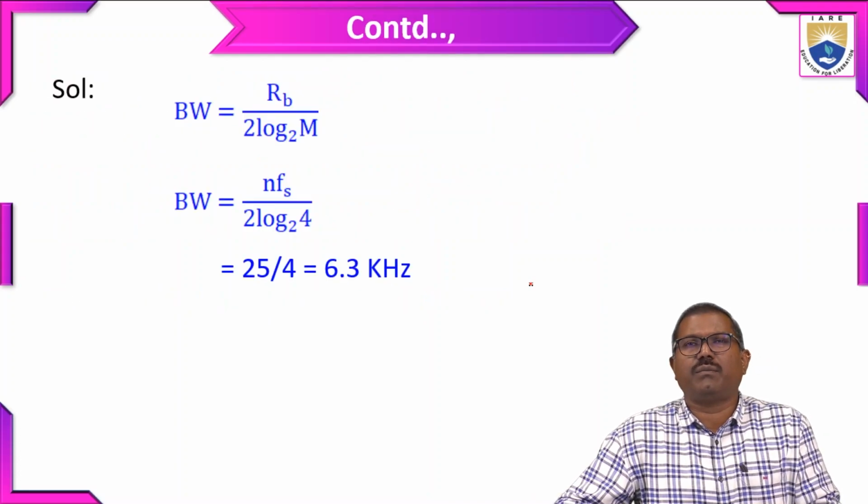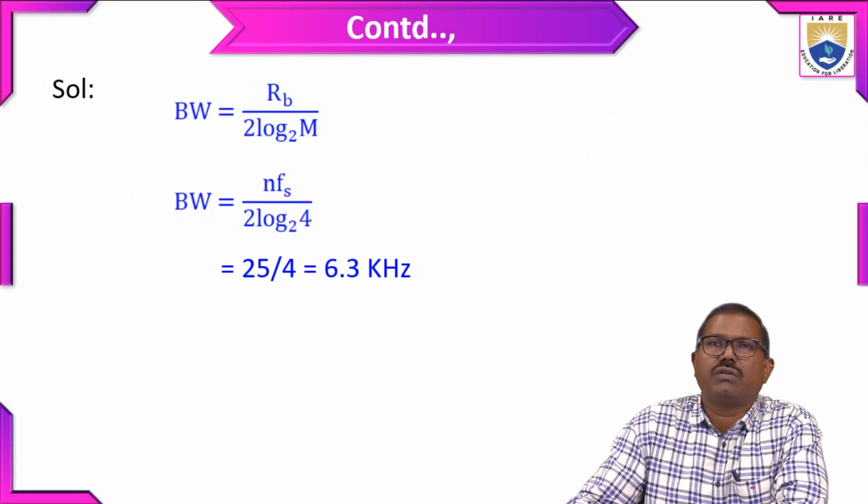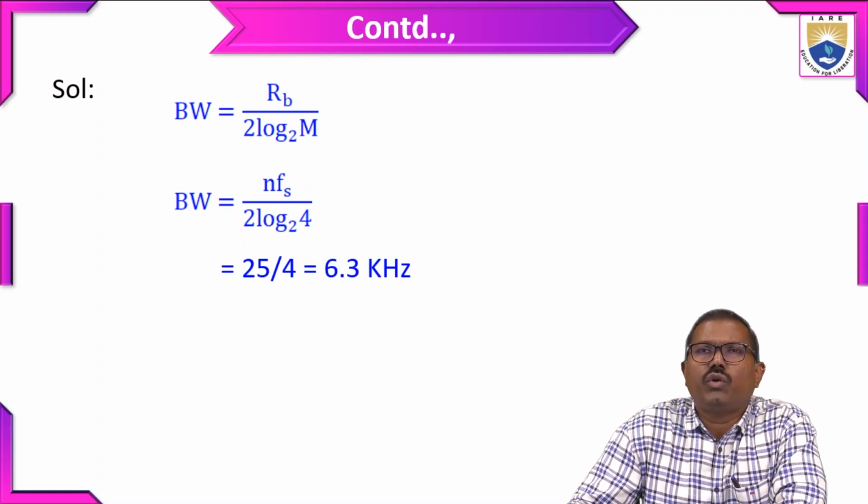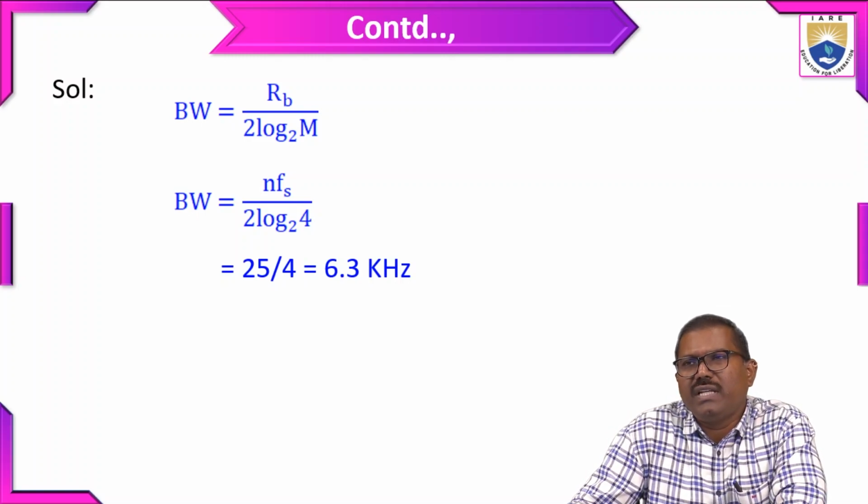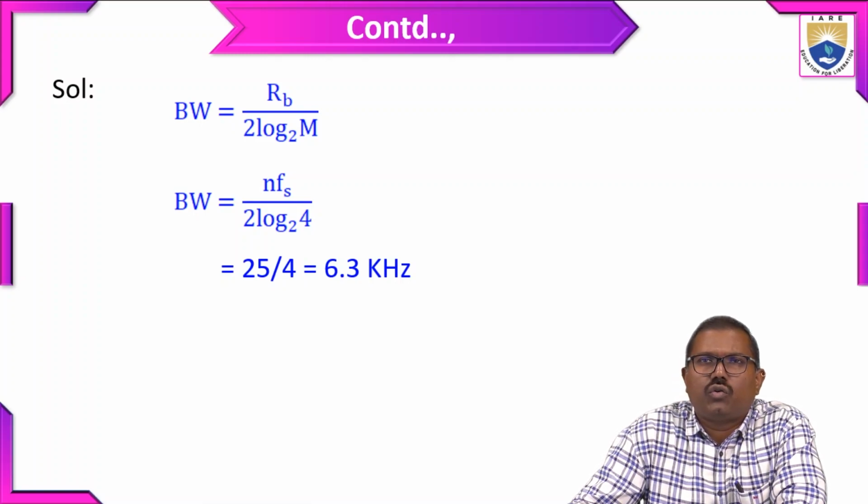Then the required formula: bandwidth is equal to Rb by 2 log 2 M. Rb is N Fs, as we already know. So N Fs divided by 2 log 2 M, where M is 4.